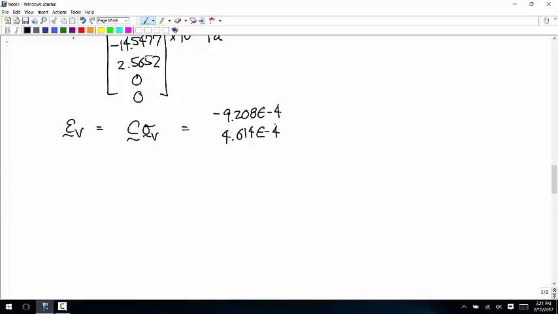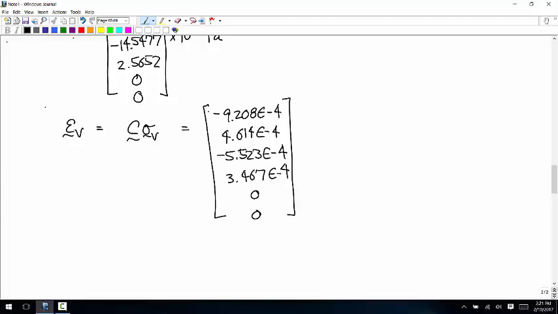Okay. 3.467 times 10 to the minus 4, and then zeros. Anybody having any trouble doing this calculation? Just finding that compliance matrix, multiplying it by the Voigt stress. Any questions about that?